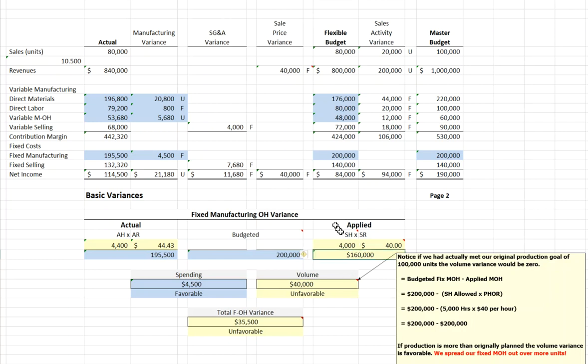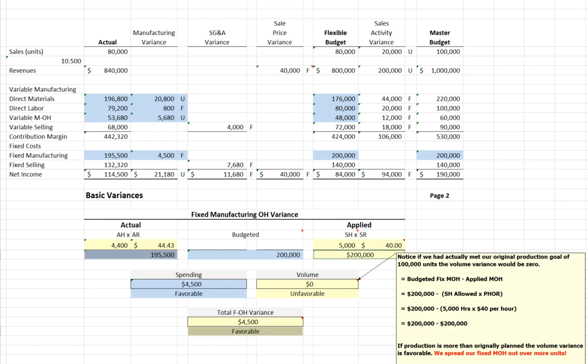And again, if we had produced 100,000 units, exactly what we would have anticipated, if we had been on our original budget, we would have applied 5,000 hours or 200,000. Our volume variance would be 0, and we would have a $4,500 favorable manufacturing overhead variance because we spent less than we would have expected to spend at 100,000 units.